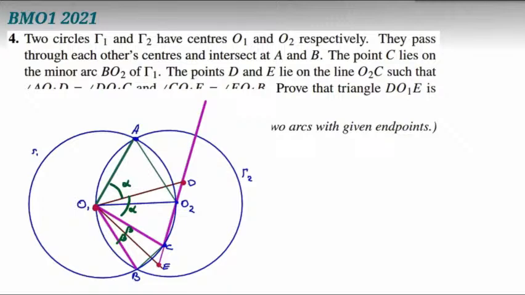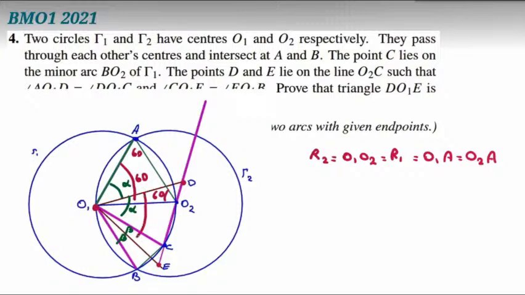Look, O1, O2, I want to prove R1 equal R2. O1O2 is equal to R1, equal to R2 also, so they are equal. And it is equal to O1A equal to O2A, so O1O2A is an equilateral triangle, so it is 60. This angle is also 60. This angle is 60.